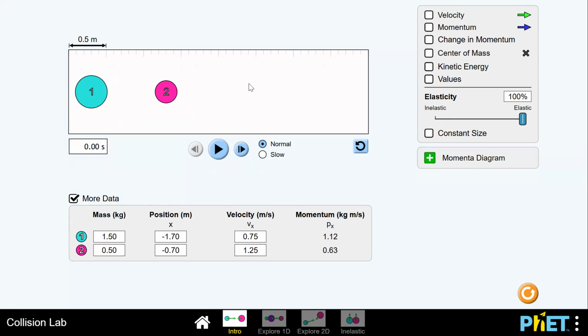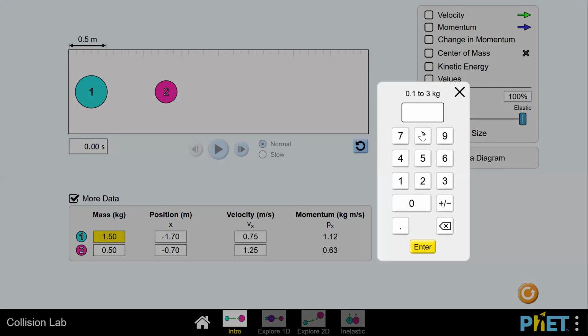By theory, you can prove that m1 u1, m2 u2 equals m1 v1, m2 v2. But in practical terms, you can imagine it by using that simulation. Here, one is the first object and two is the second object. Down here, you can see mass 1, and you can change that to 2 or 3 or something.